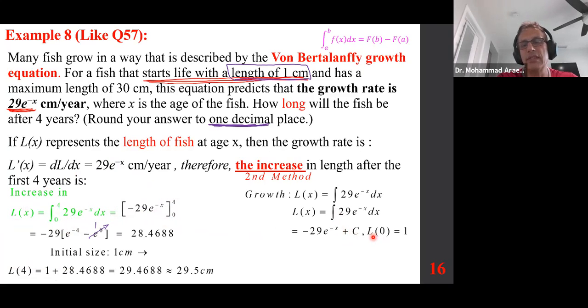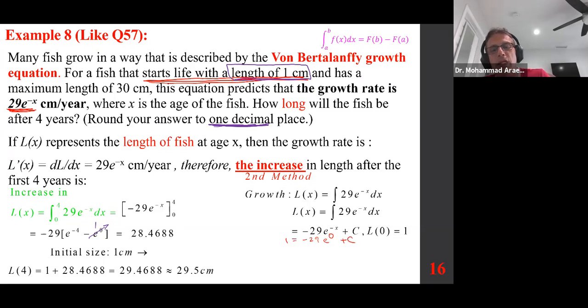However, we have this initial value problem, if you recall when we discussed the concept of initial value. The length of a fish was 1 centimeter to begin with. So L of 0 is 1. So you are going to replace L of x with 1 and x with 0, which means the following. By the way, e to the power of minus 0 or 0 makes no difference, it makes it 1.